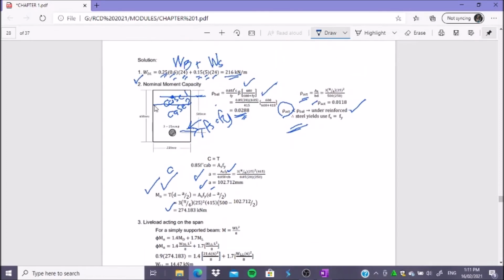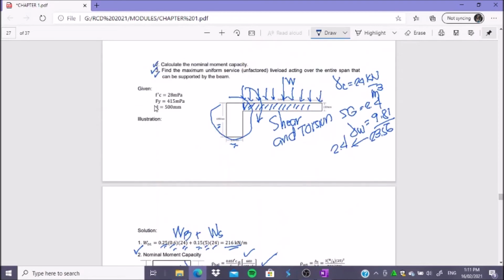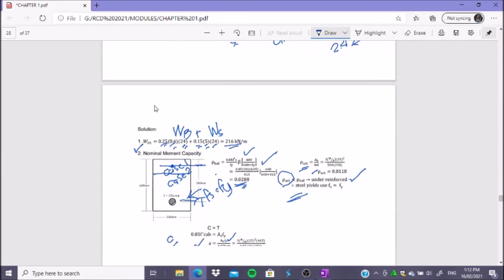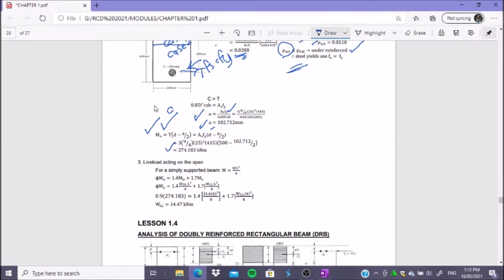Number 3 is: find the maximum uniform service load acting over the entire span that can be supported by the beam. Live load. We will use the load combination. For a simply supported beam, the maximum moment is WL squared over 8.